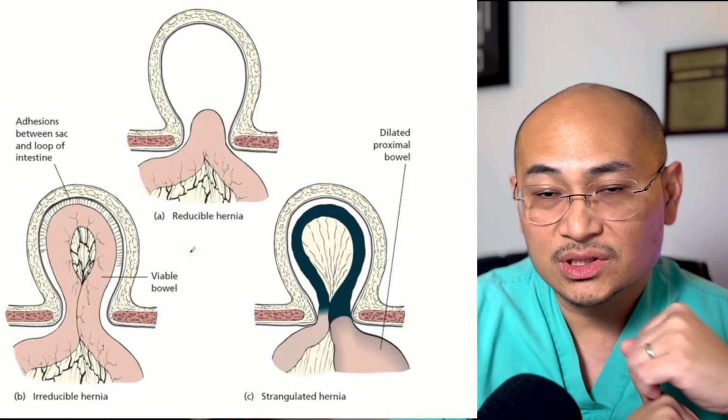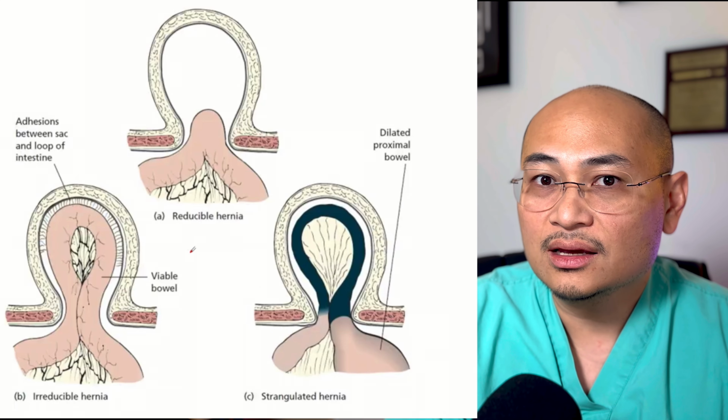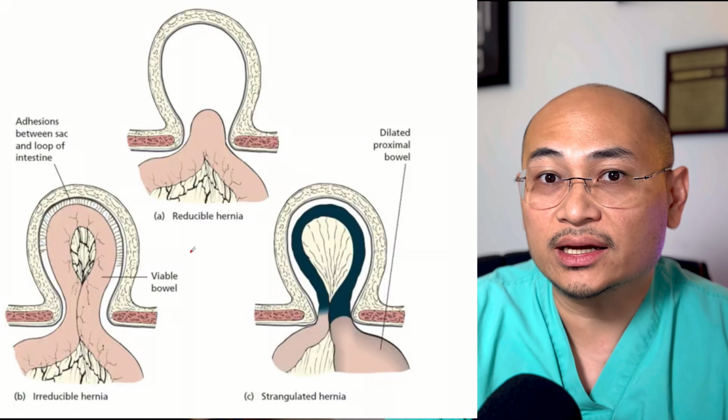So what are the things that you actually need to figure out about a hernia when you see a patient? Number 1, let's focus on the hernia itself. The first thing that you need to know is, is it reducible or non-reducible, or what we call incarcerated? The difference, being self-explanatory, is that one can be pushed back in and the other one is stuck outside.